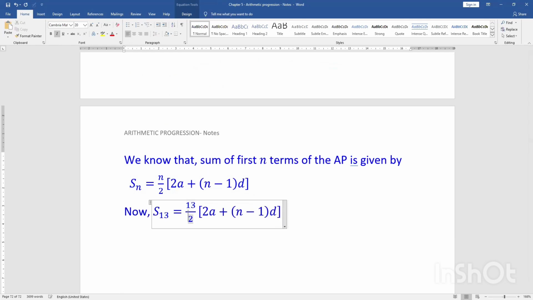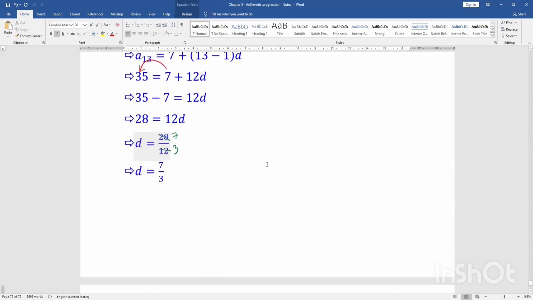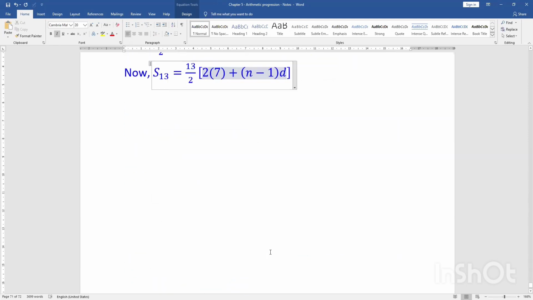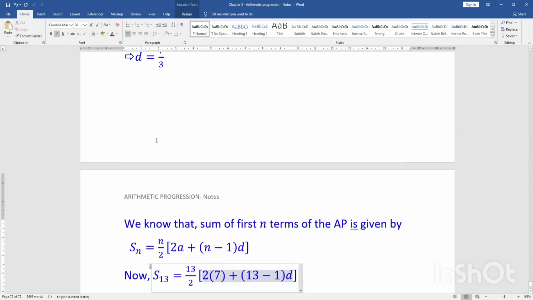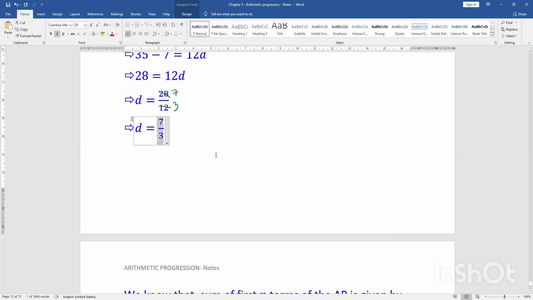What is a value? A value is 7, right? So a value is 7. Then we have n as 13, 13 minus 1 into d value. D value is 7 by 3, right? So take that 7 by 3.